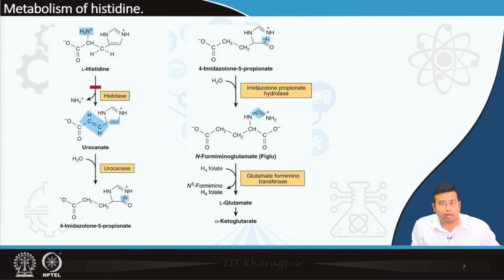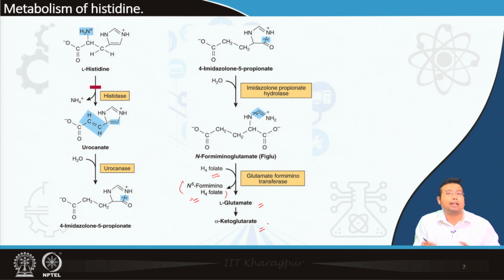This formiminoglutamate can be converted to glutamate involving 1-carbon metabolism. Tetrahydrofolate forms N5-formiminotetrahydrofolate. I told you when we were discussing 1-carbon metabolism that this belongs to the 1-carbon pool. The 1-carbon pool is basically those molecules which participate in 1-carbon reactions, and thus histidine metabolism also contributes to the 1-carbon pool by formation of N5-formiminotetrahydrofolate.